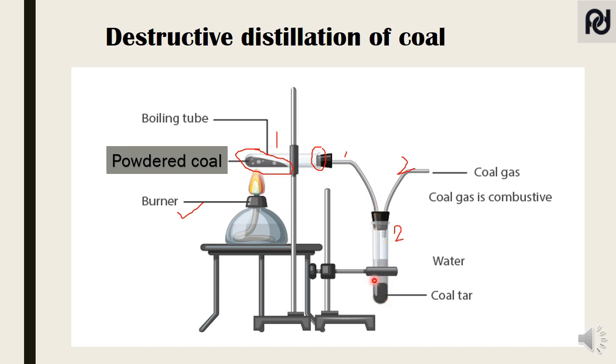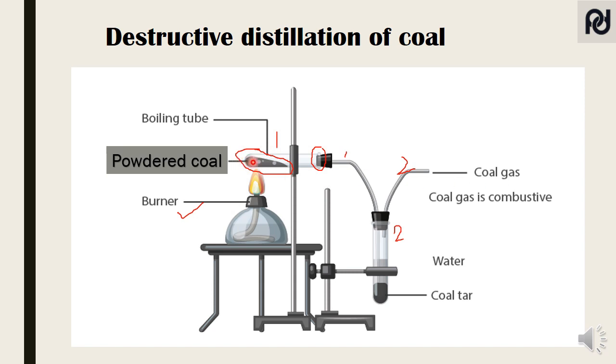Here, we will get a liquid, a very tarry, thick liquid, which is coal tar. The undissolved gas will come out through this particular bent tube, and that gas will be referred to as coal gas. So out of 3 things we have received 2 of them, coal tar and coal gas.